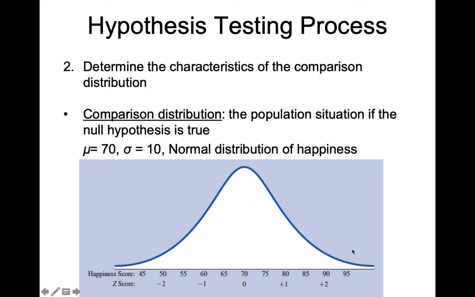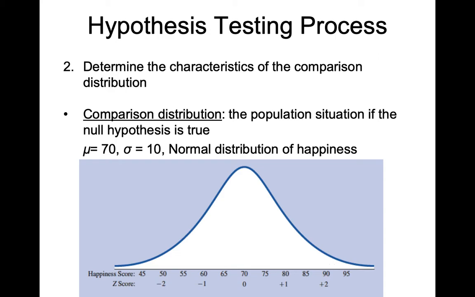It would be less typical, that is more rare, to sample somebody that has a very high happiness score. It would also be less typical, that is more rare, to randomly sample somebody that has a very, very low happiness score. So happiness is normally distributed.